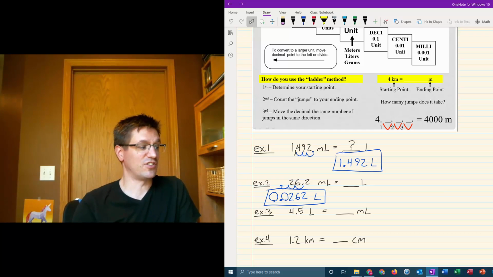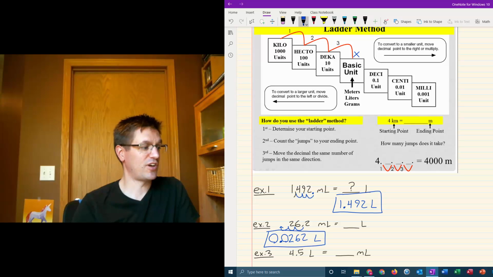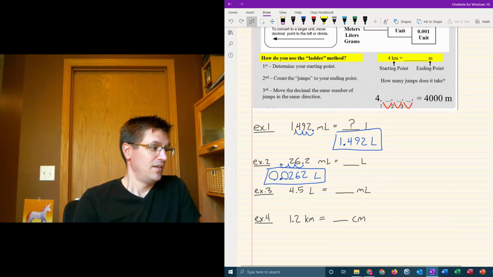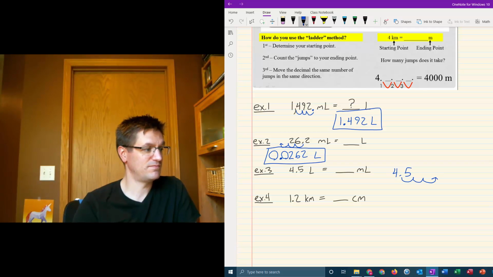Let's do one in the different direction. Okay, now we're looking at liters. So I'm starting right here, and I'm trying to go to milliliters, so I'm going to end here. This time I'm going 1, 2, 3 steps to the right. So I'm going to move the decimal place to the right. Here's my decimal. I'm going to copy that over here so I have more space. 1 space, 2 spaces, 3 spaces to the right.